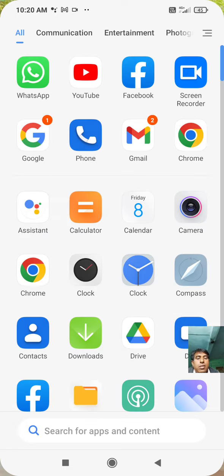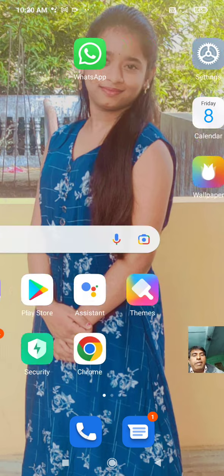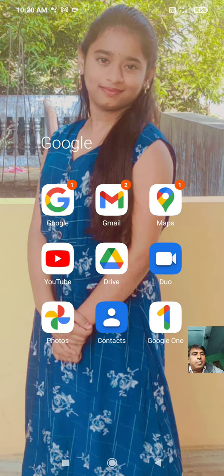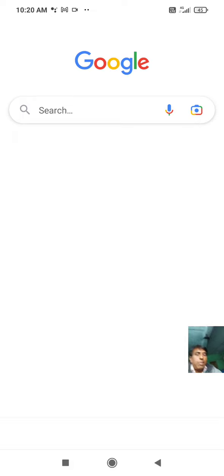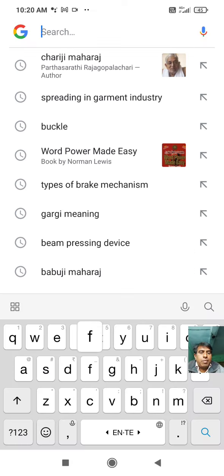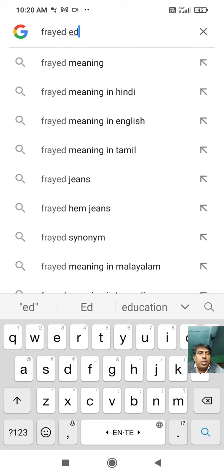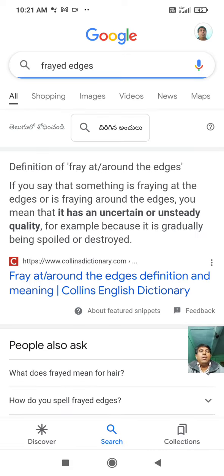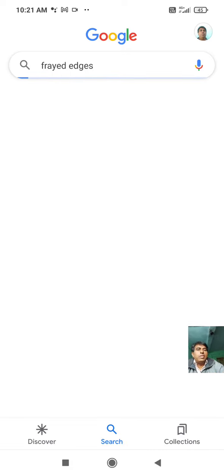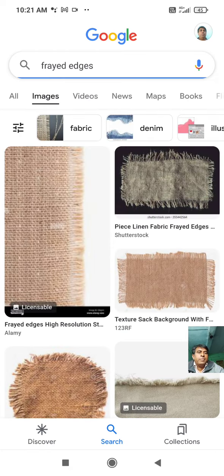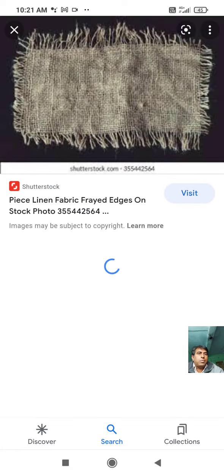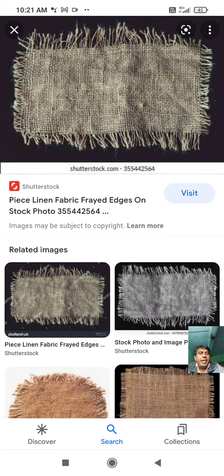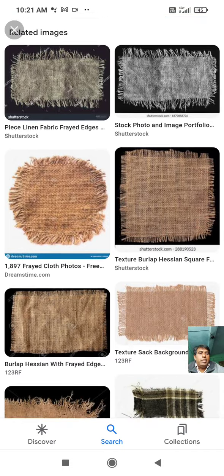So now I will show you what is frayed edges. There is always a definition. So these are the frayed edges. The edges are frayed.